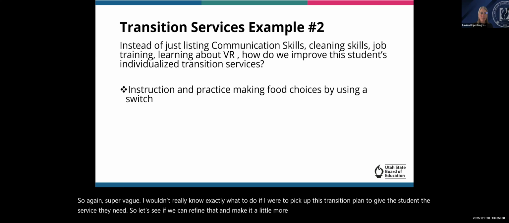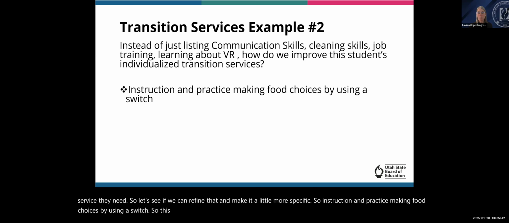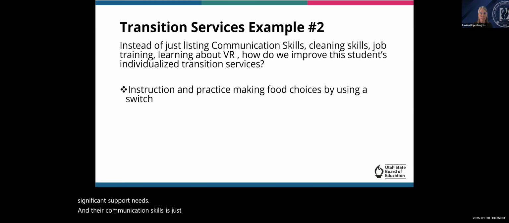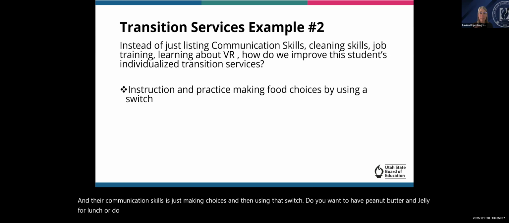Instruction and practice making food choices by using a switch. This is a student who doesn't use verbal communication. They have some pretty significant support needs. And their communication skill is just making choices and then using that switch. Do you want to have peanut butter and jelly for lunch, or do you want to have mac and cheese? Right.